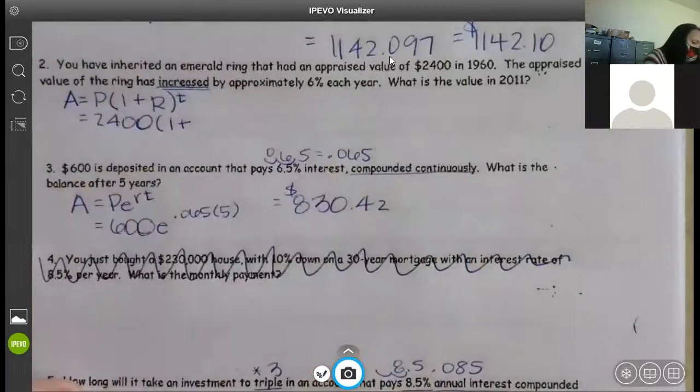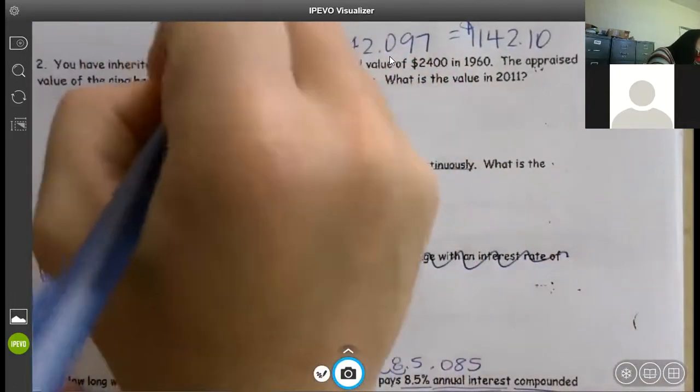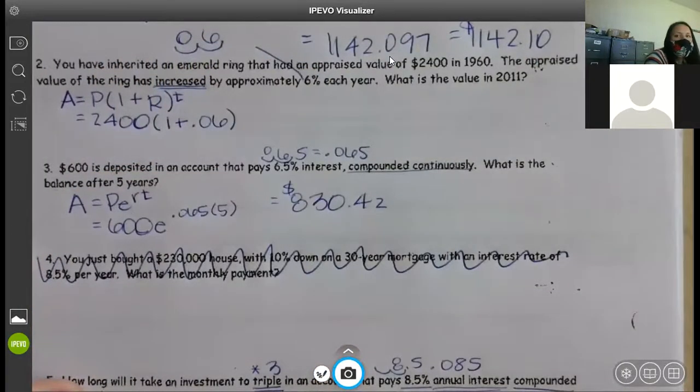What's our rate? So we're going to take this 6, the decimal's back here, move it 2 places, so 0.06. And then how long did it happen? How do you figure that out? How do we figure out how long?